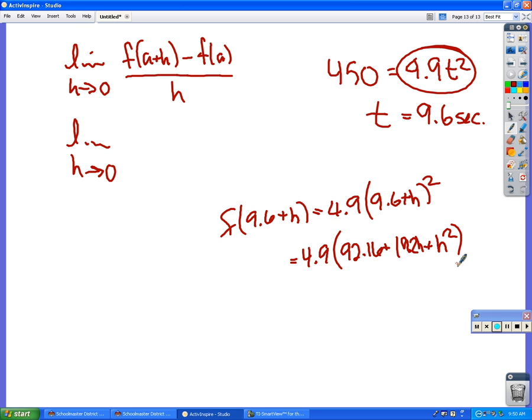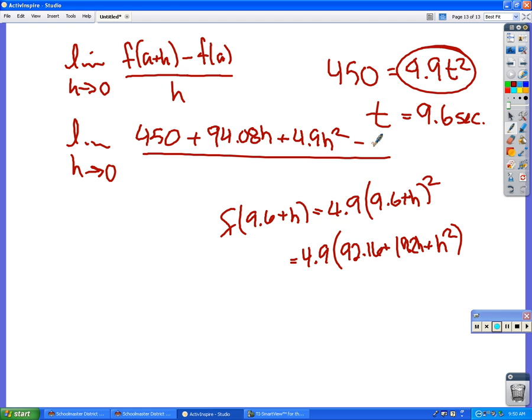Okay, so this comes out to be 450, and that is not a coincidence that those came out the same, plus 4.9 times 19.2 is 94.08, and that's h, right? Plus, I can do this one in my head. 4.9 times h squared is 4.9 h squared. So that whole thing was f of a plus h.